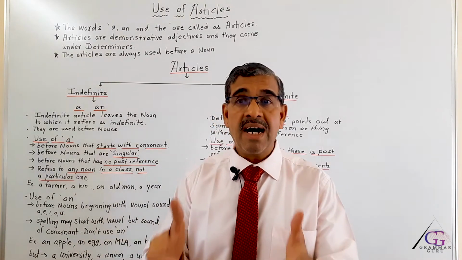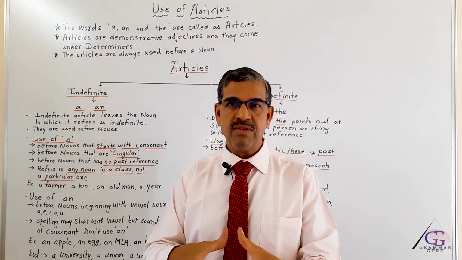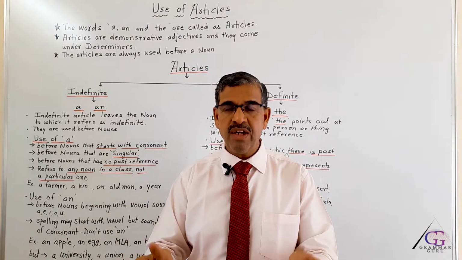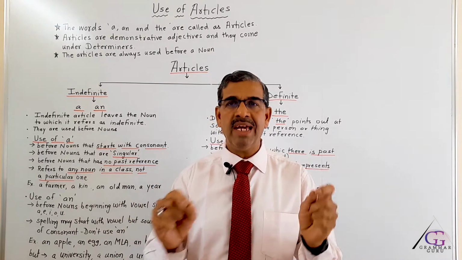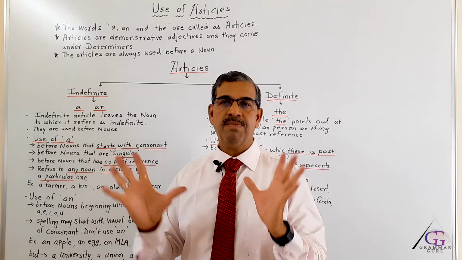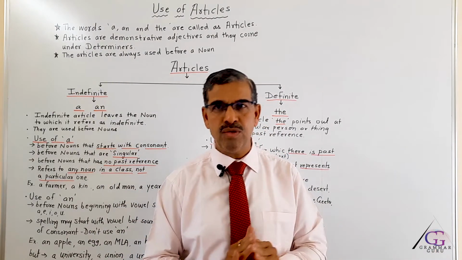If the word starts with a vowel sound, a, e, i, o, u, listen carefully. If the pronunciation of the word is of a vowel sound, then article an is placed before it, not simply because it starts with a, e, i, o, u, that is a vowel.